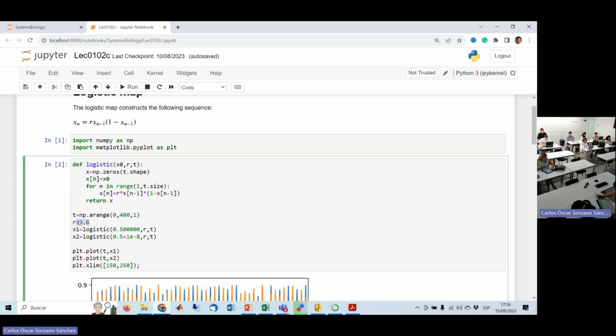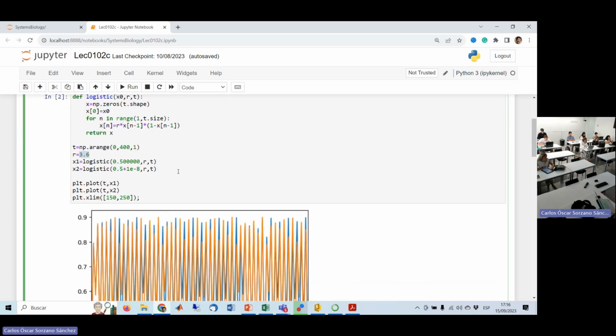I have chosen R equal 3.6, and then we will project forward in time this logistic equation for two different values. One is 0.5, our initial condition. The other one will be 0.5 plus 10 to the minus 8, so it is extremely close to 0.5.